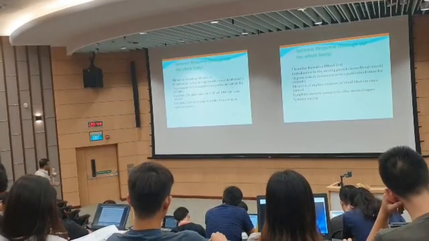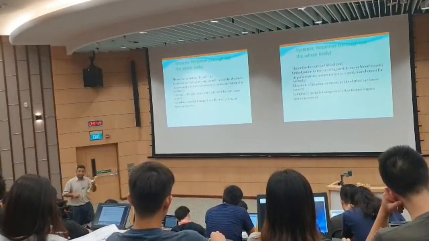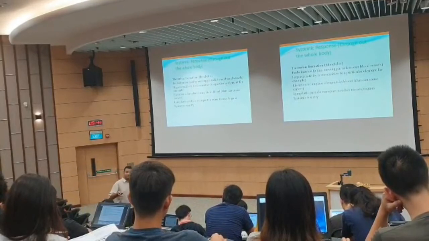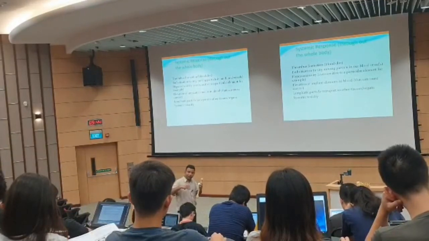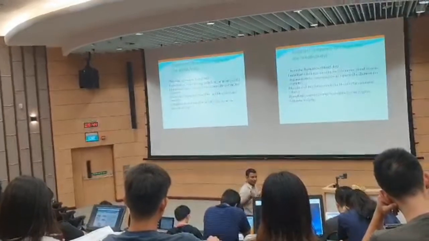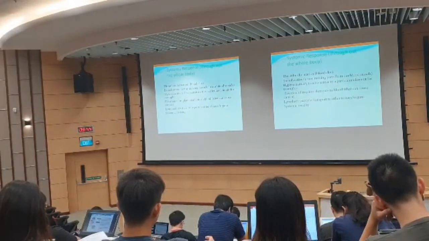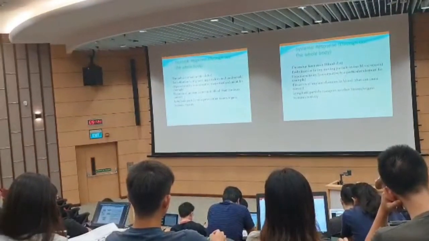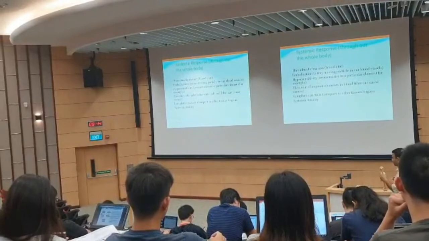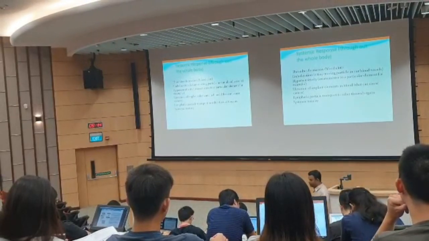Then lymphatic particle transport: as I mentioned, the particle can be transferred either through the blood or through the lymph system. And systemic toxicity: it might be like an immune response, a vigorous untoward effect throughout the whole body.